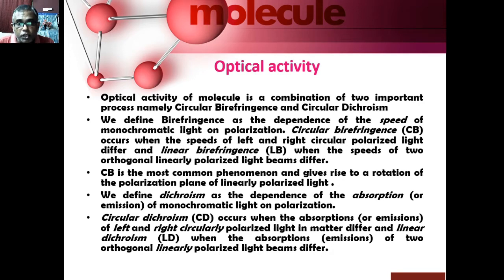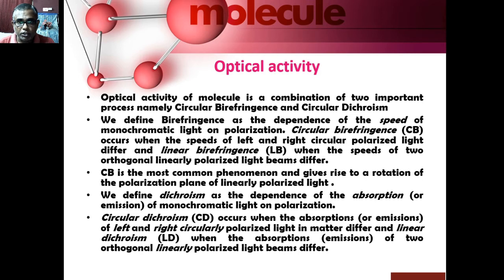So to conclude, if we send light inside a sample which is said to be optically active, both these phenomena can occur. If the molecule is optically active, it can change the velocity of light, thereby resulting in circular birefringence.